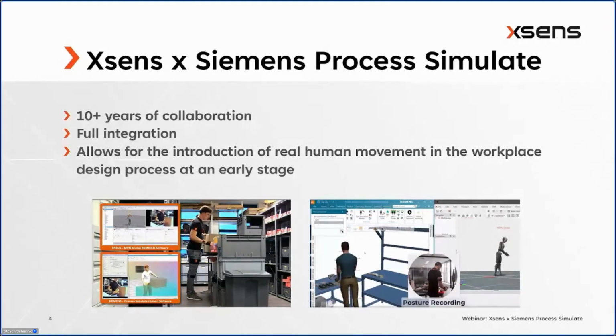And while designing them, you want to make sure that how humans move is taken into consideration to make an ergonomically optimized workstation. By using the Xsens data, you can use actual human movements for that.